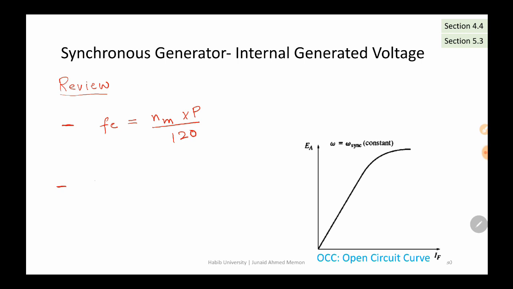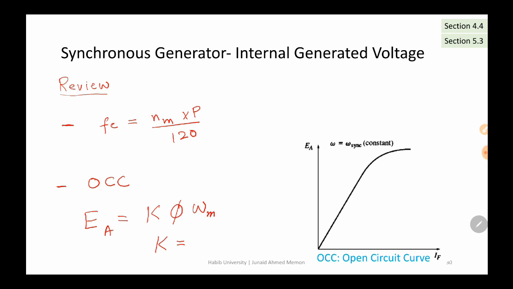We also discussed the open circuit curve, which is essentially the magnetization curve, and we said that the open circuit output voltage, represented by EA, is given as K phi omega, where phi is the flux in the machine and omega is the speed of rotation of the prime mover, and K depends upon the machine construction.